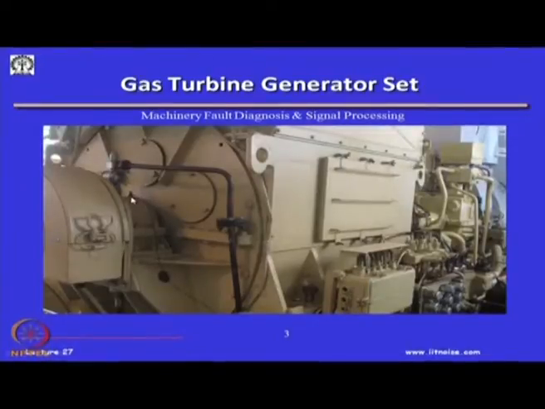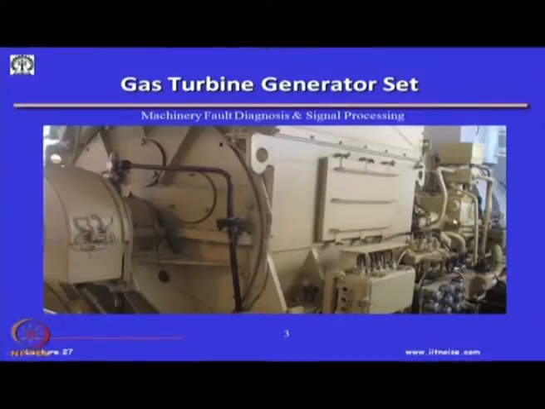We have put an accelerometer on the bearing housing of the generator. This was a case study from one of our sponsored projects by the DRDO for the Indian Navy, wherein we are trying to see the feasibility of using motor current signature analysis for monitoring the health of a gas turbine.